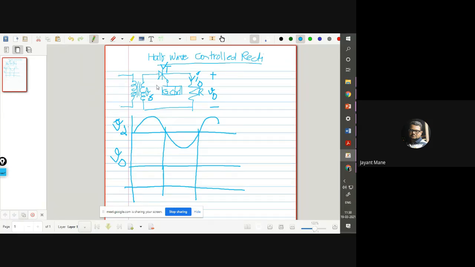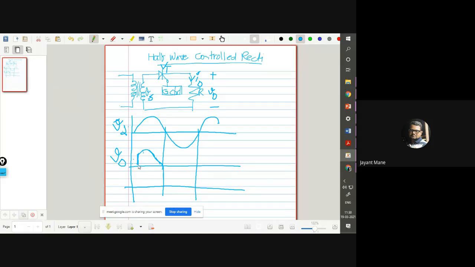So the SCR will be forward biased for the positive half cycle and it will conduct after some delay. So some part of the half cycle will be appearing in the output. This is the output.